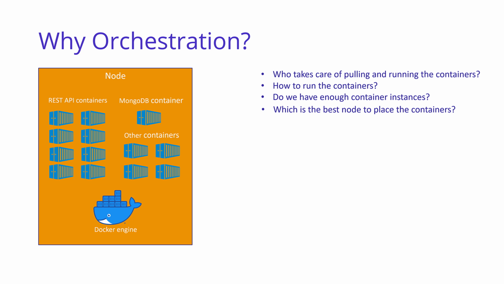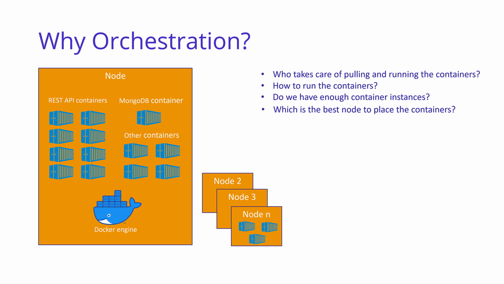And then also we can only fit so many containers in a box, right? So at some point we may need to introduce yet more nodes, right? And then somebody has to decide if the containers that are going to be created are going to go into, in this case, node 2, node 3, node n, right? So who decides these things here?